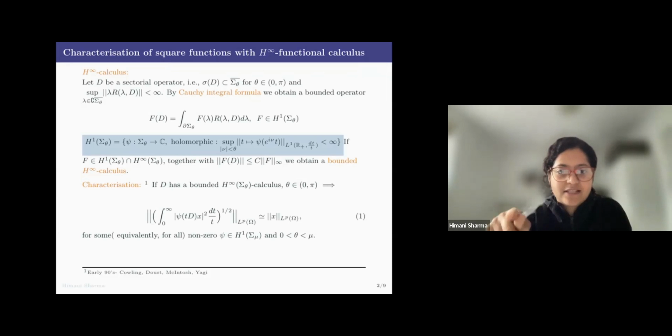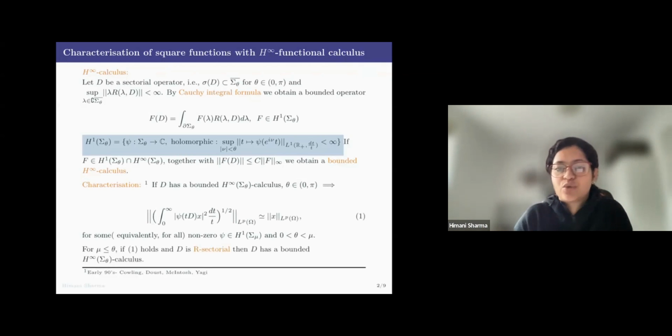So we can get this characterization here. In fact, this holds the other way as well. But for that, we need the operator to be not just sectorial, but R-sectorial, and it satisfies this square function condition. If we have that, then we have a bounded holomorphic functional calculus.